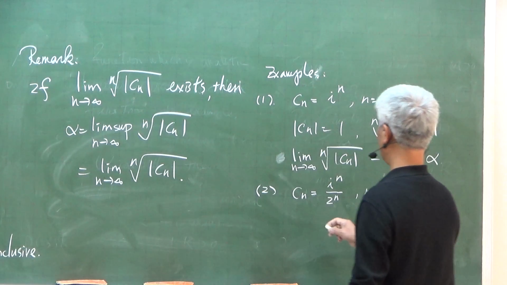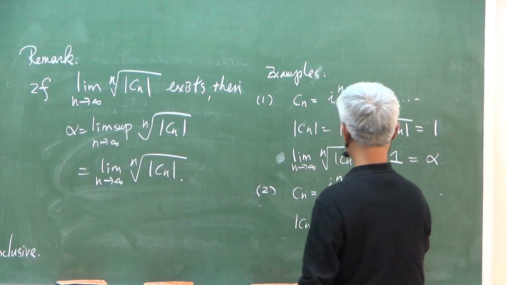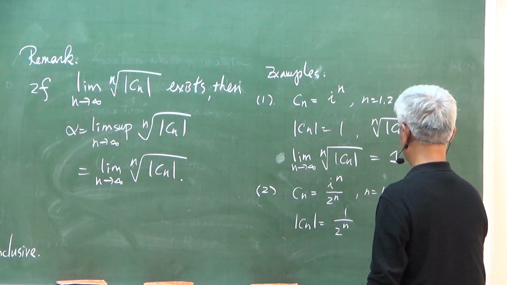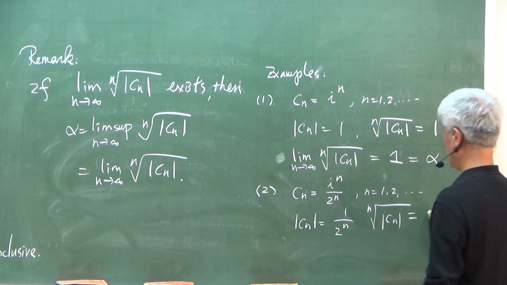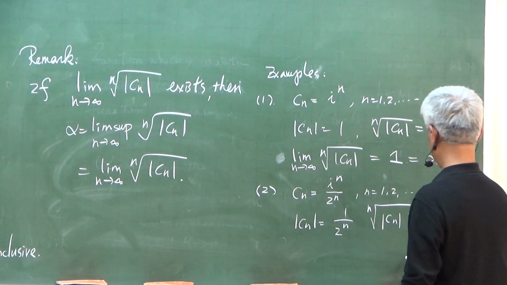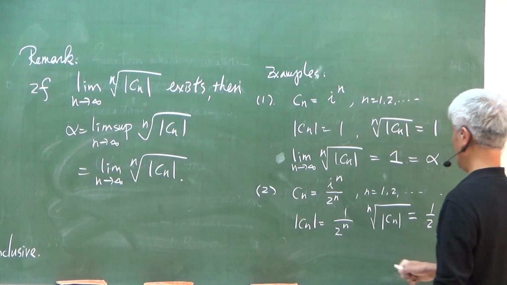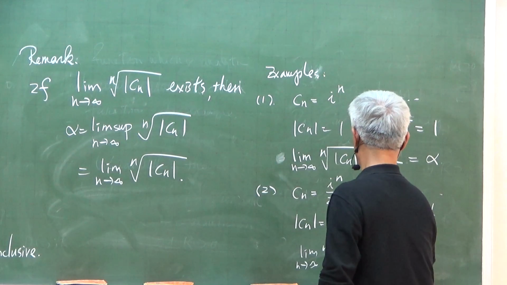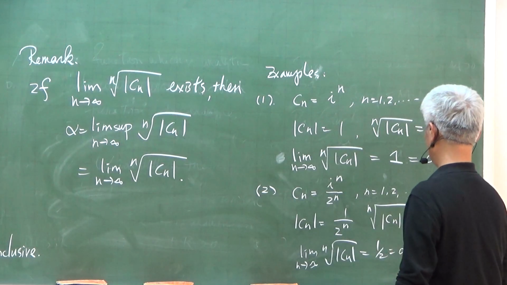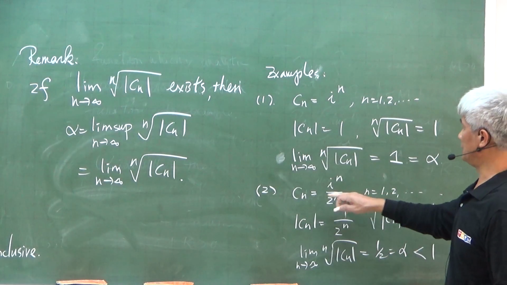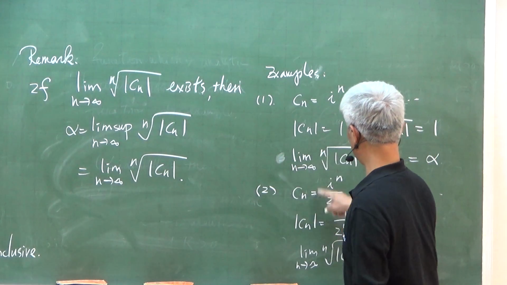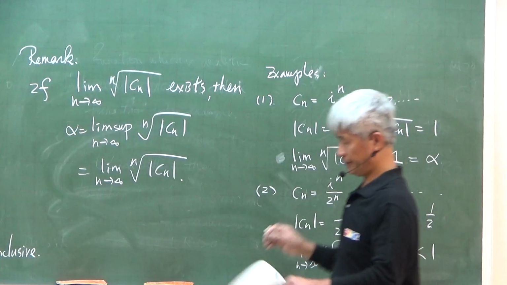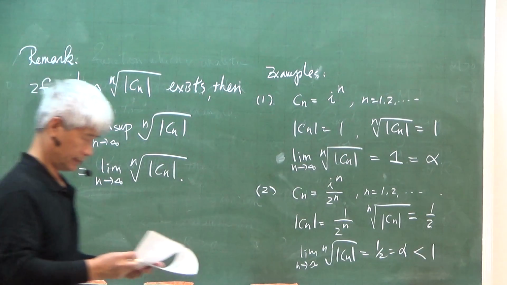In this case Cn is equal to 1 over 2 to the nth power, and so the nth root of Cn is equal to 1/2. So the limit is 1/2, which is equal to alpha, which is less than 1. So you know that if the term Cn is like this, then the series converges. All right, so you have a lot of things like that.